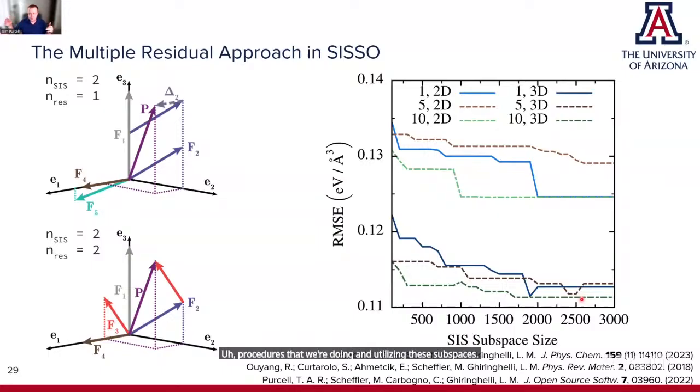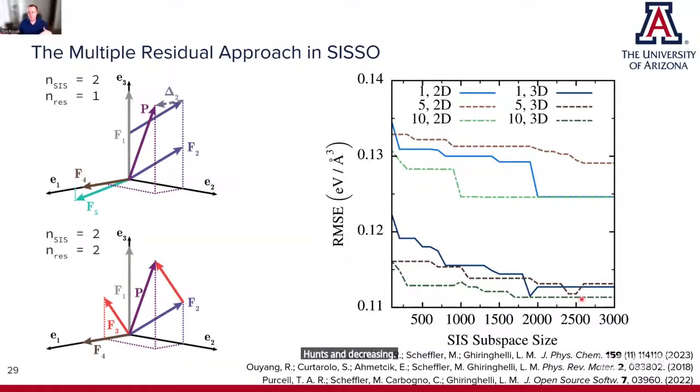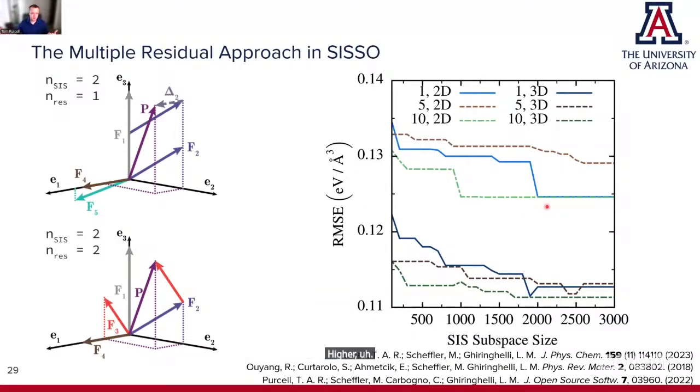For a 2-dimensional model, you always assume monotonically decreasing or at least constant and decreasing. However, by going into, for example, a drop here, we can actually get slightly different features that pop up within these projection spaces, meaning that you could be missing out on something that's important for higher dimensional models.